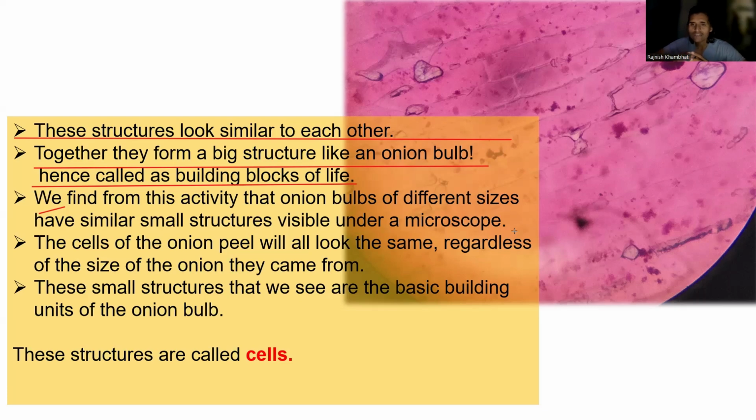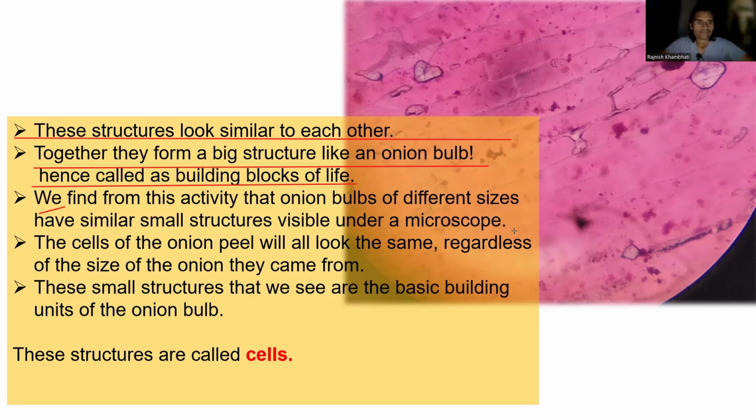It is not that if the onion is big, its cells are bigger. The case is that a big onion has many more cells, and the small onion has fewer cells than the big onion.